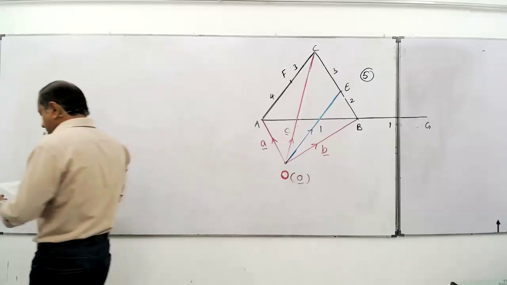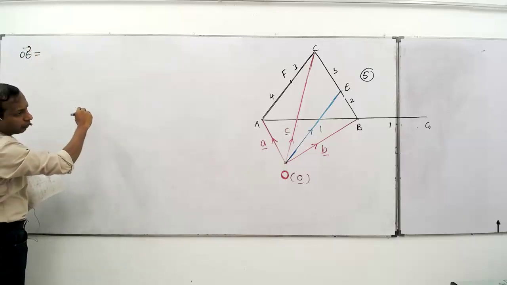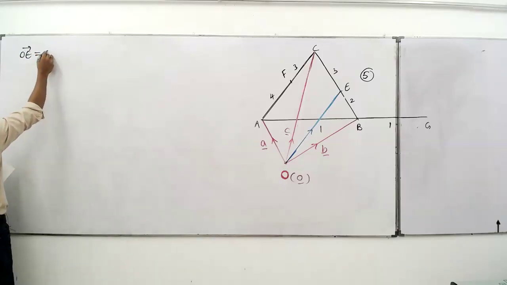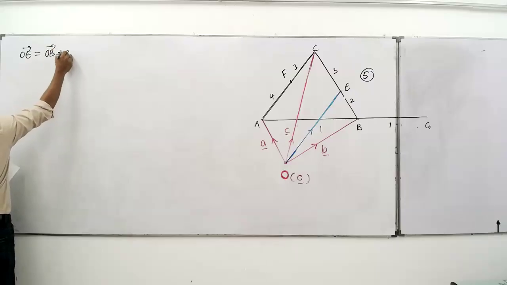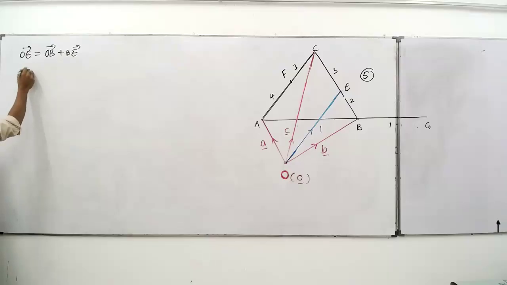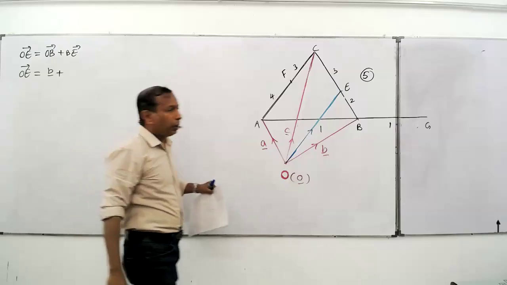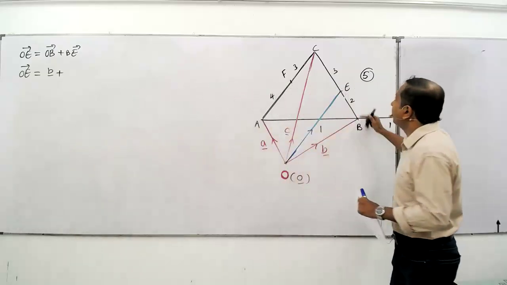OE is equal to OB plus BE. What is OB? Simply B. How do I write BE, people? You can write BE as a fraction of BC.